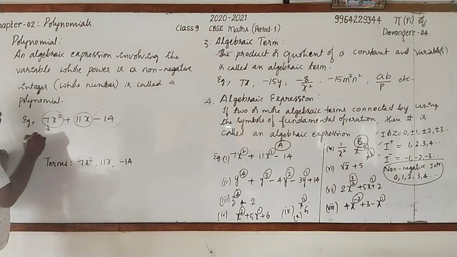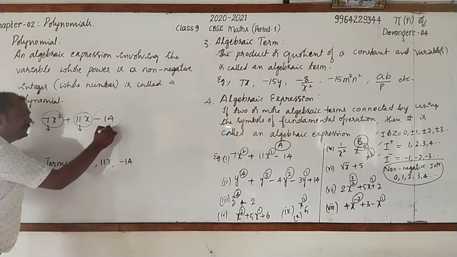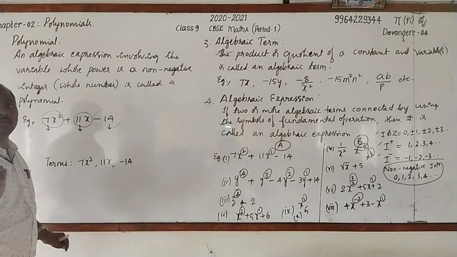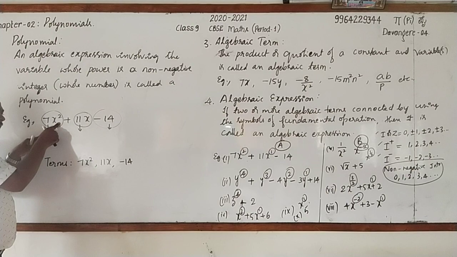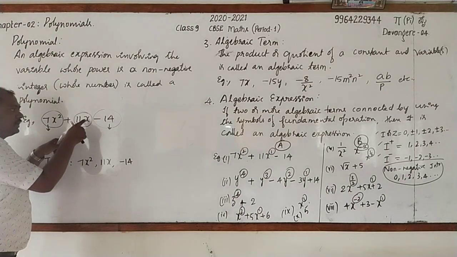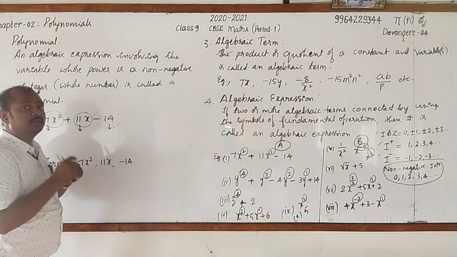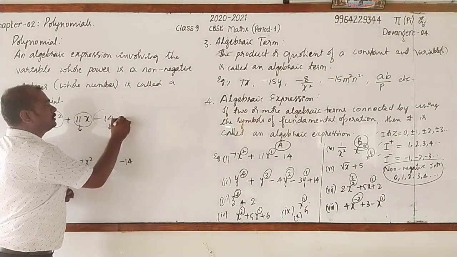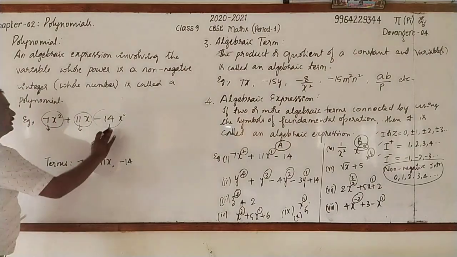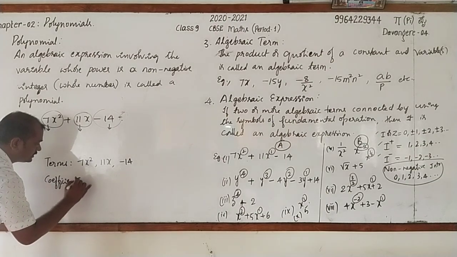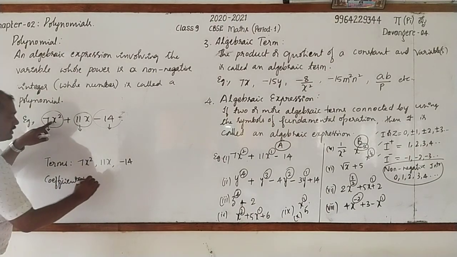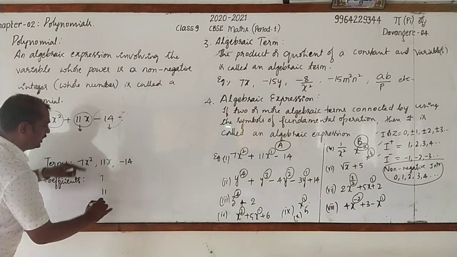Observe here only the numbers. Here 7 is there, 11 is there, minus 14 is there, and these are called coefficients. Here particularly 7 is the coefficient of x square, 11 is the coefficient of x, and minus 14 is the coefficient of x raised to the power 0. Got it? Here I'll write coefficients: 7, 11 and minus 14.